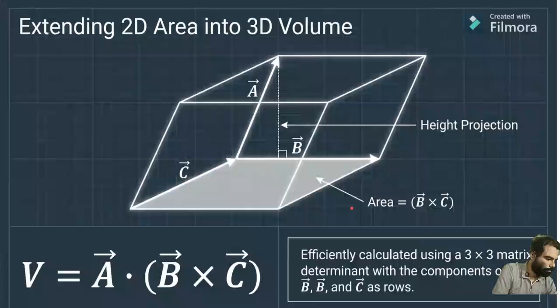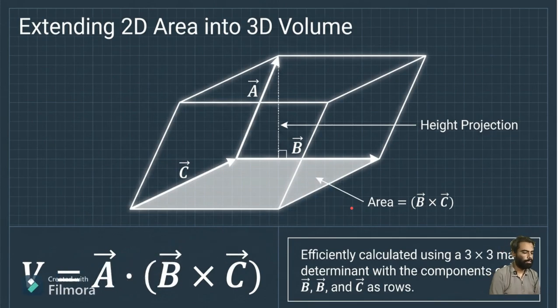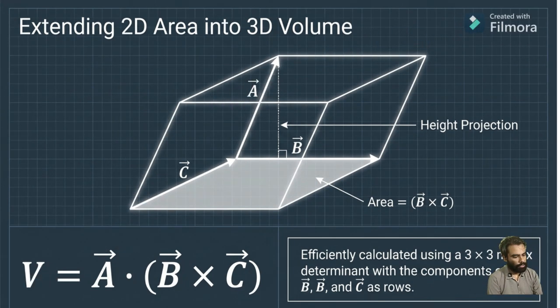Now another thing is the concept of the scalar triple product. In our previous lecture we have seen that the area of a parallelogram represents the magnitude of a cross product.